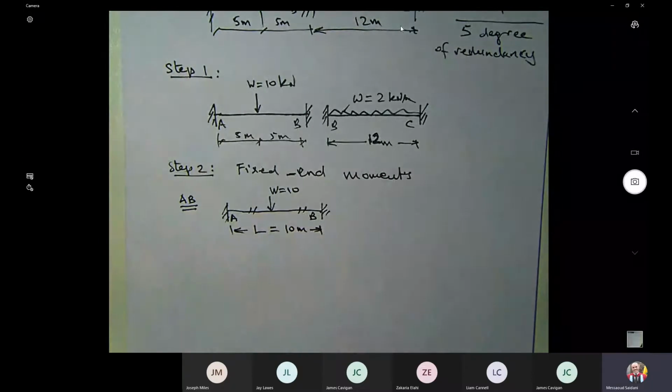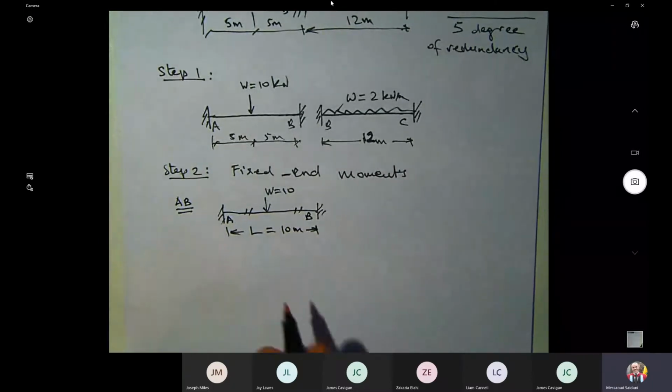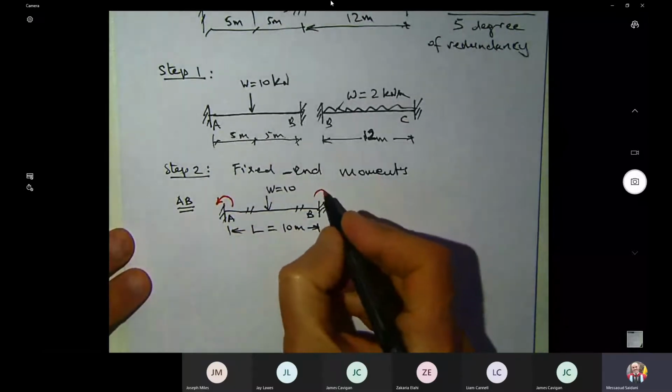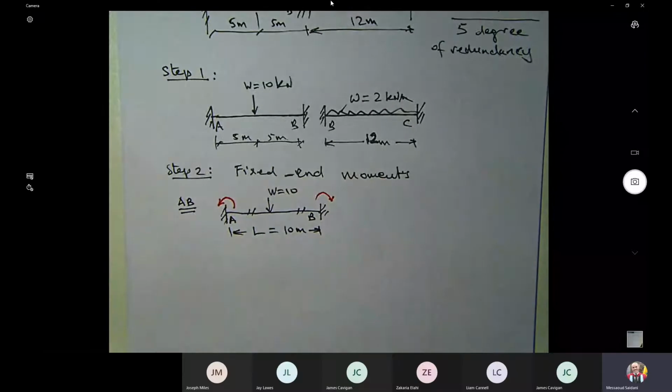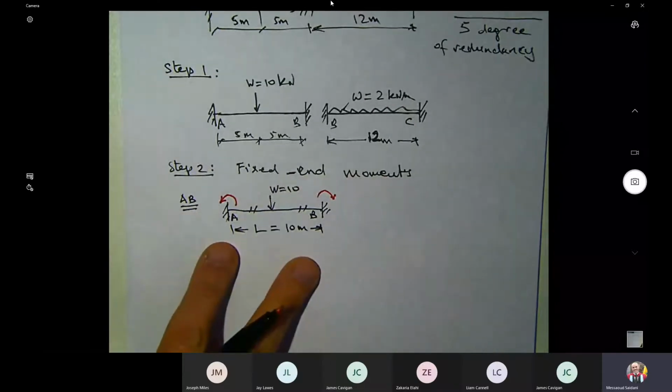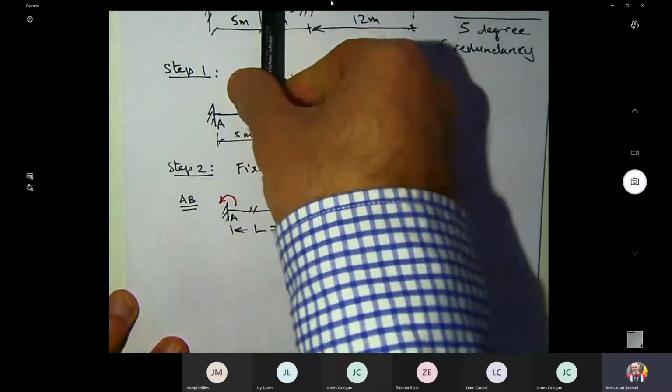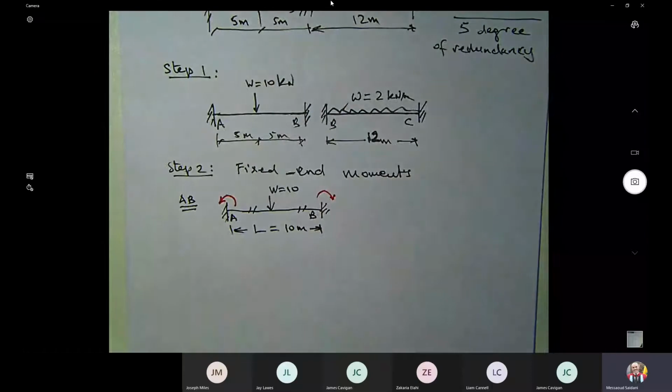So we have the fixed end moments. At A we have a bending moment this way, anti-clockwise, and at B we have a clockwise moment like this. These are the moments at the ends. You agree with the directions? Clear? The way to remember the directions is this: if you have a beam and you load it, it's going to try and bend like this, isn't it?